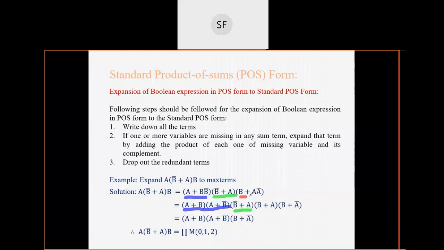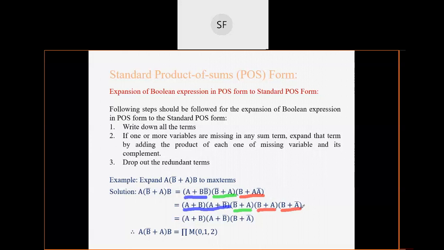Now this b plus a into a bar, so how will you expand that, b plus ये as it is रहेगा, इधर जितनी भी टर्म्स वेरिएबल्स है ना प्रेजेंट, वो एज इट इज रहेंगे सब. सिर्फ आपको क्या करना है, यू हैव टू ऐड a in one bracket and a bar in another bracket. So b plus a in one bracket and b plus a bar in another bracket.